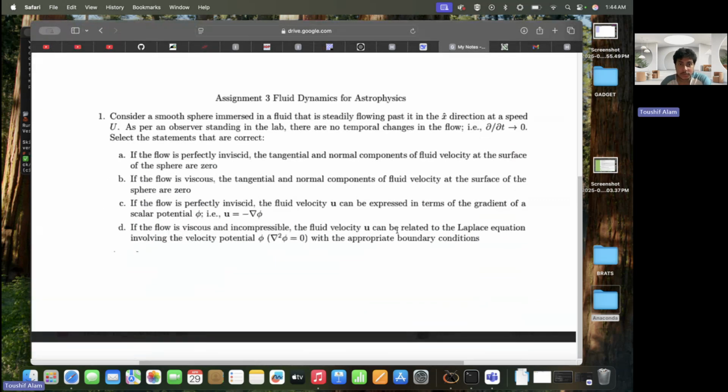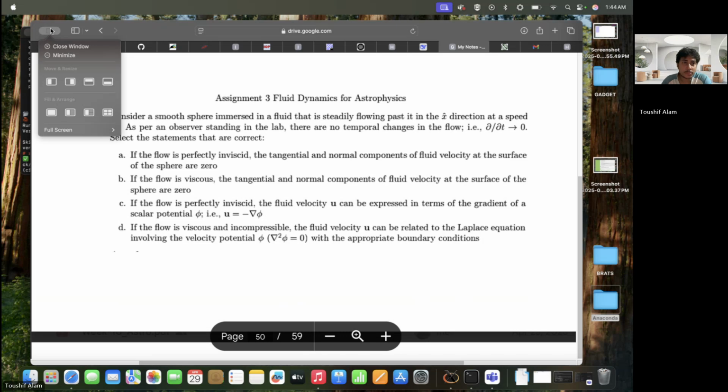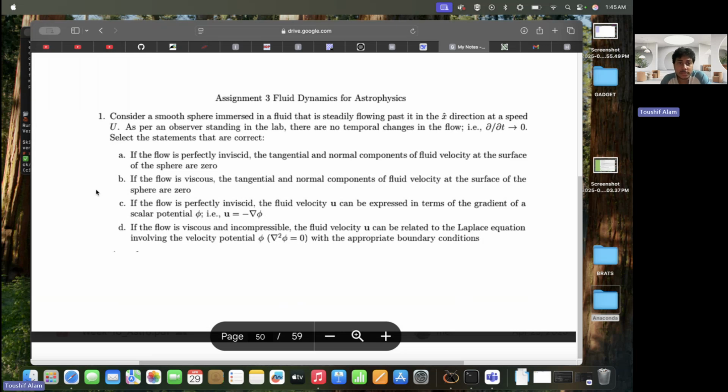So the first question was: consider a smooth sphere immersed in a fluid that is steadily flowing past it in the positive direction at a speed u.